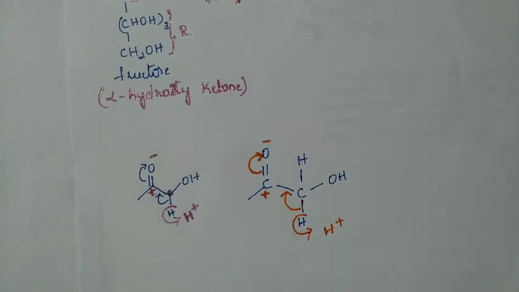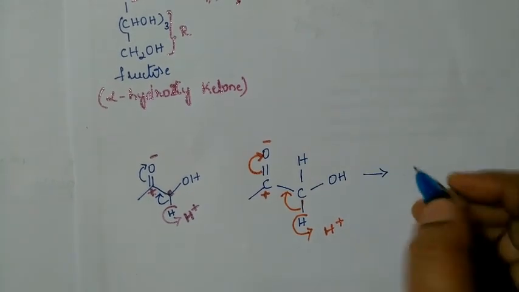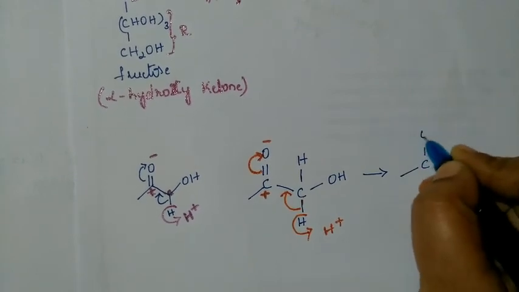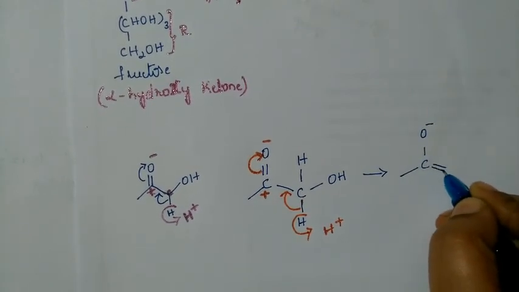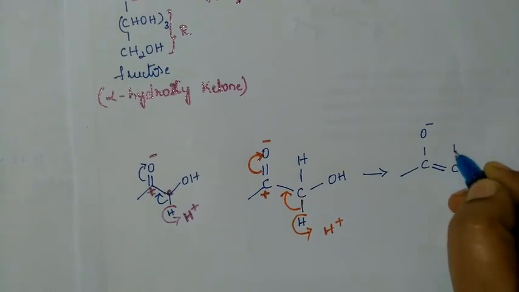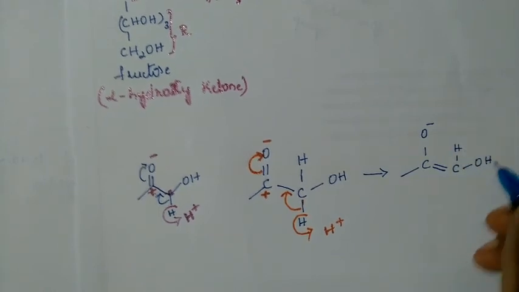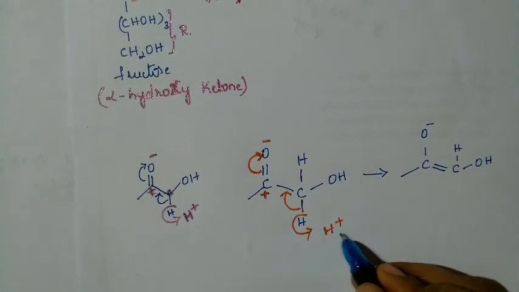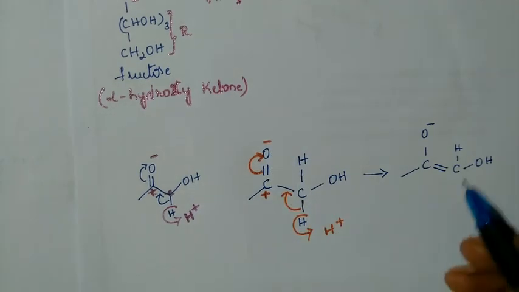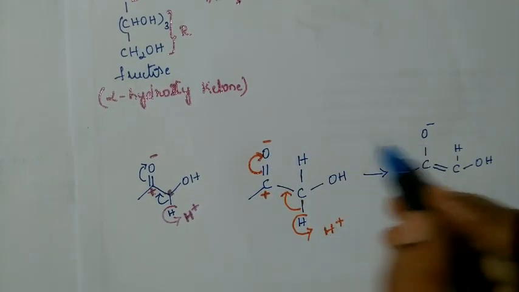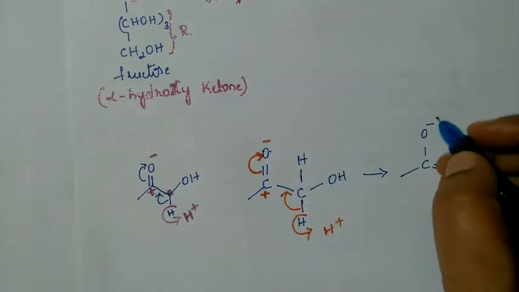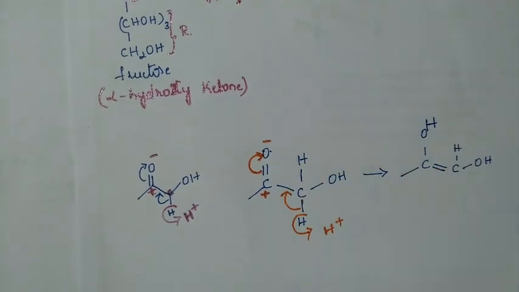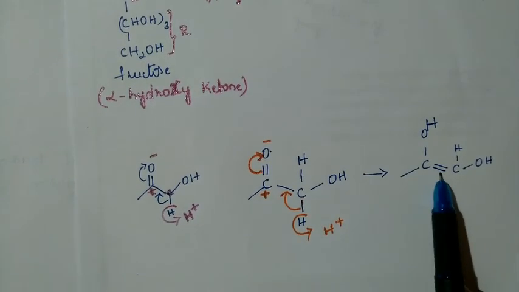The compound changes to C, O minus here, and here a double bond, CH OH. Now what is left out? This H plus is left out. This H plus will attract OH minus, combine with it, and form an OH group. This is what is called enediol.